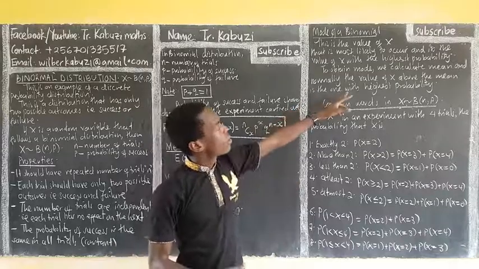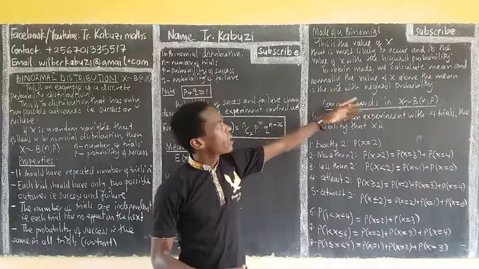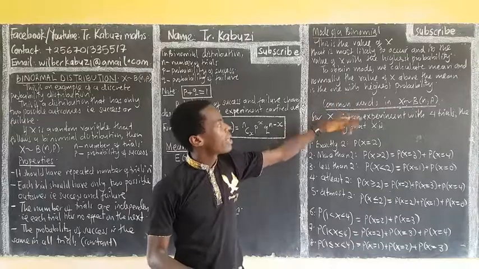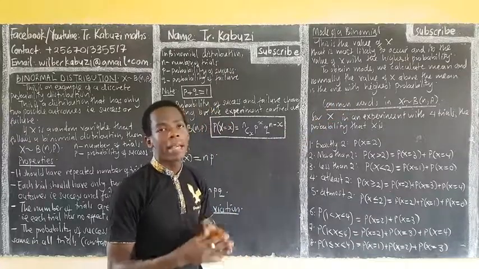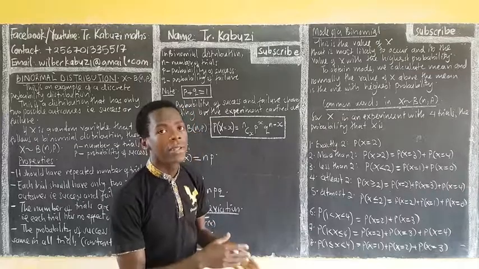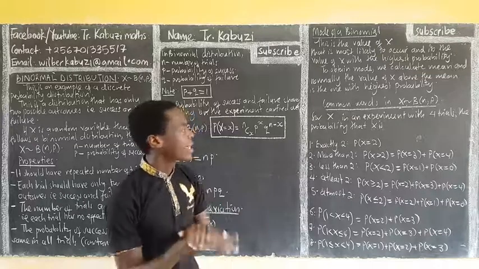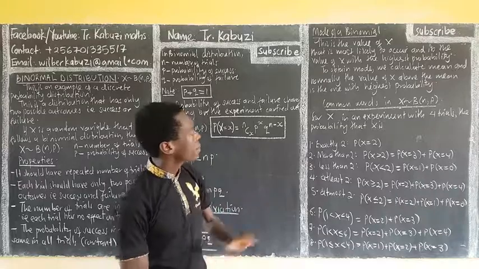To obtain the mode, we calculate the mean and find the value of x near the mean with the highest probability, and that value of x becomes our mode. We are going to see how we get this in our next examples in the next lesson.